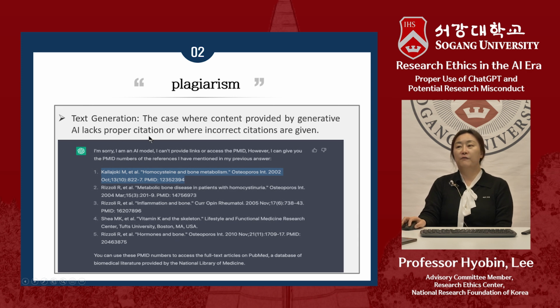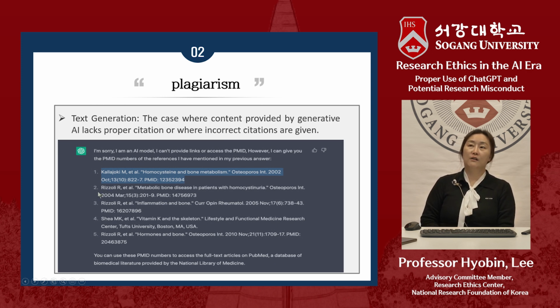But the journal Osteoporosis International is real. Some researchers didn't check whether such articles exist or not. They just use ChatGPT. Then these are incorrect citations, right? So this is one kind of plagiarism. Or if you use ChatGPT's information without citation, this is also plagiarism.